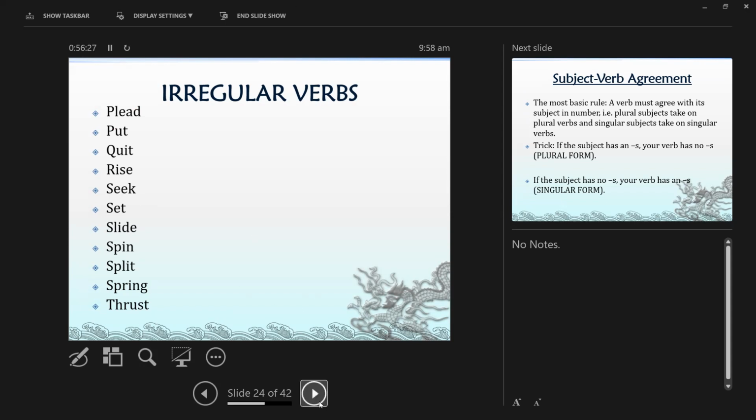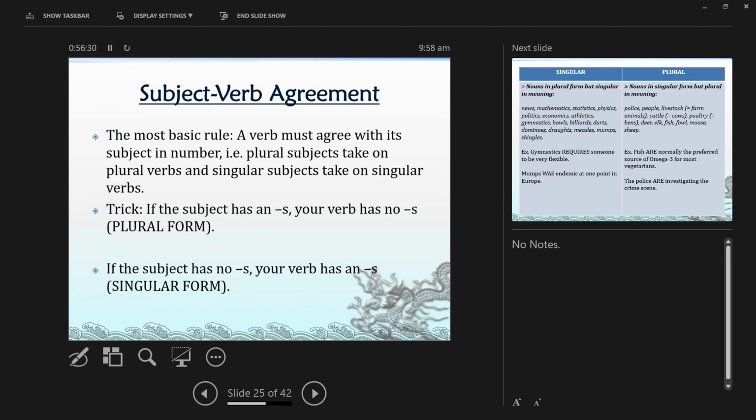Okay. And next we have subject-verb agreement. So this topic over here, what time is it? Okay, subject-verb agreement is actually quite complicated because there are so many rules when it comes to SVA.